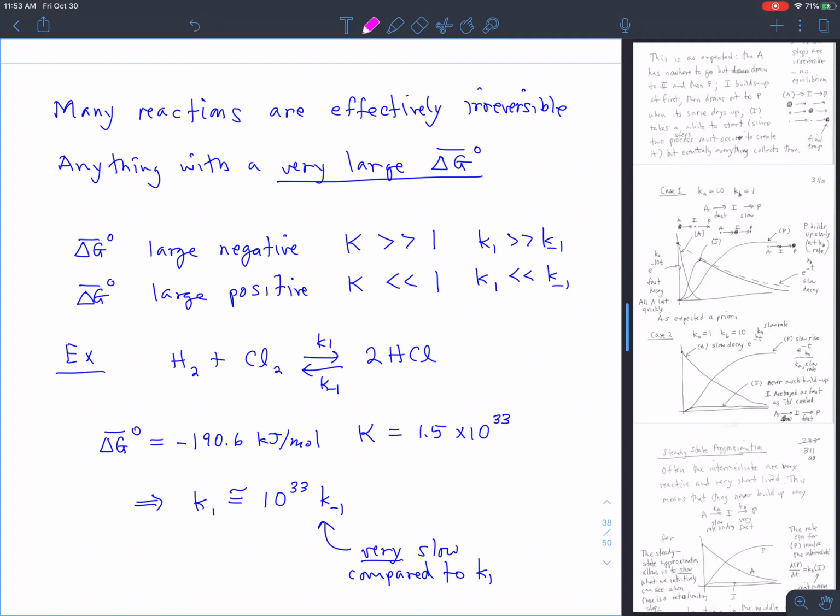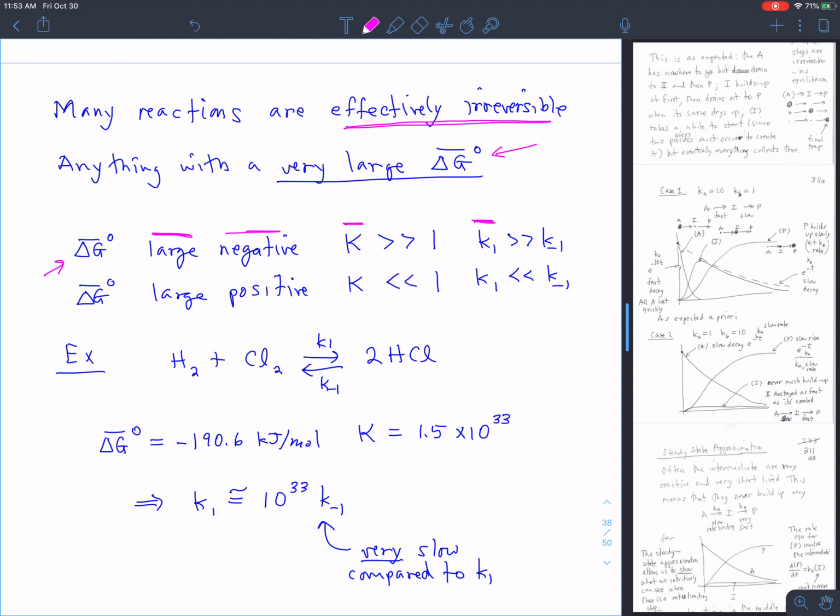You can tell when something is effectively irreversible by looking at the equilibrium constant or by looking at the standard Gibbs free energy. If the standard Gibbs free energy is very large in either direction, if it's large and negative, then the equilibrium constant will be much, much greater than 1.